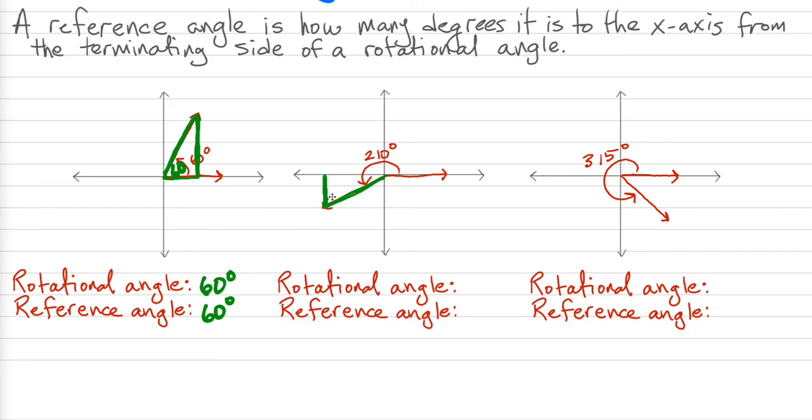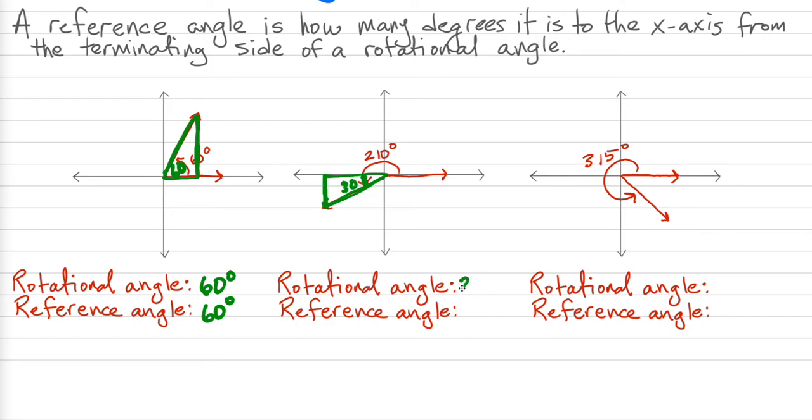So on this particular one, I'm going to go up because the x-axis was above it. How big is this angle on the inside going to be? 30 degrees. It's going to be 30 just because I know that 180 is a flat line, and this is 30 more than 180.